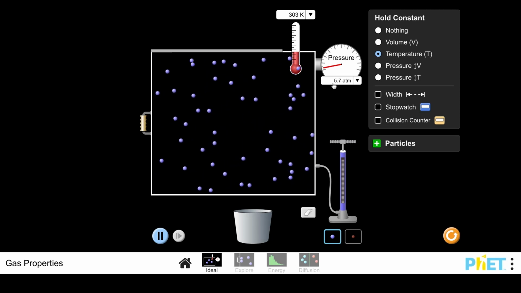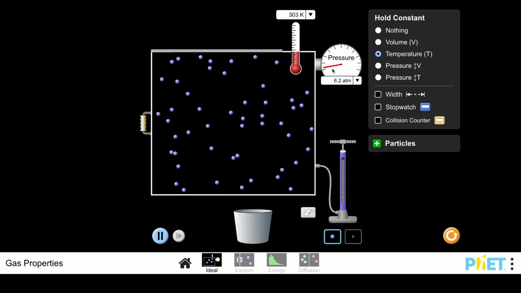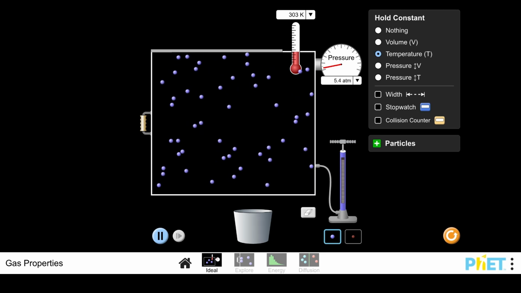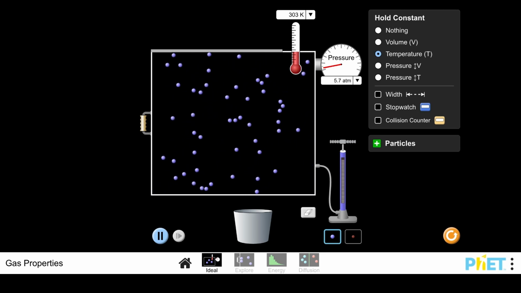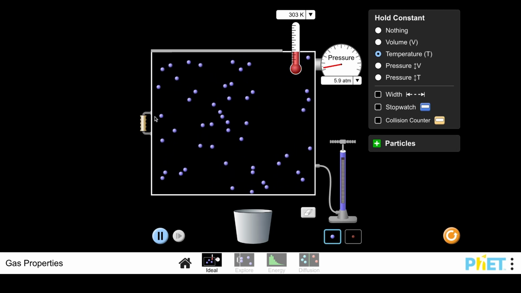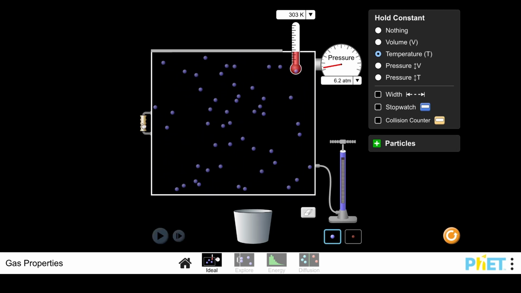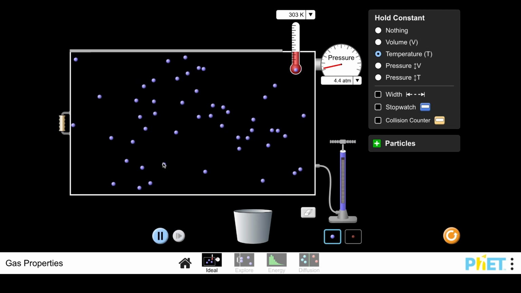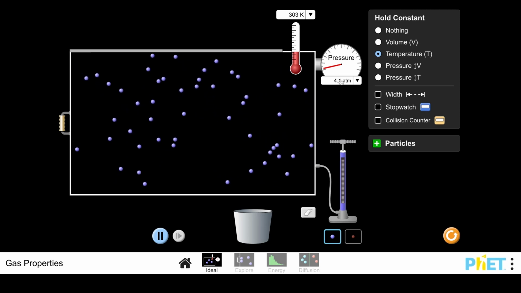And right now we can see this pressure. It's between 6.2 and 5.5, so the average is just 5.8. And let's see what happens when we expand this container. So we increase the volume of this container, and look what happens.